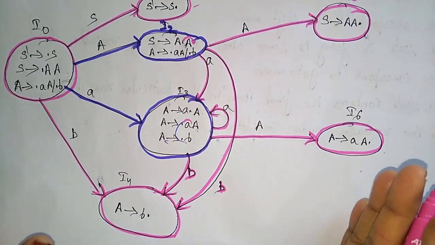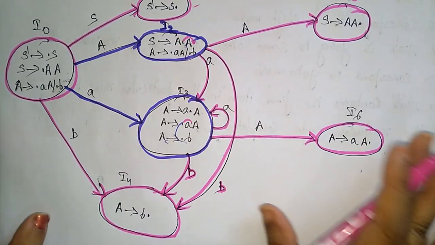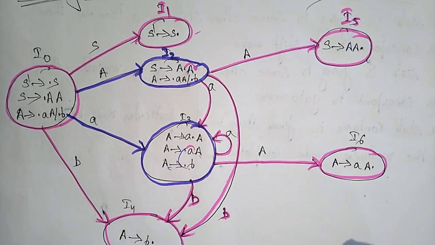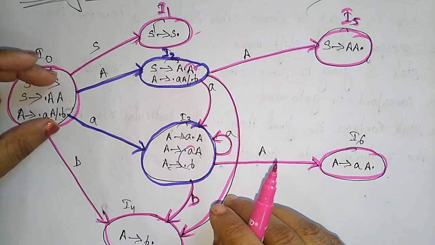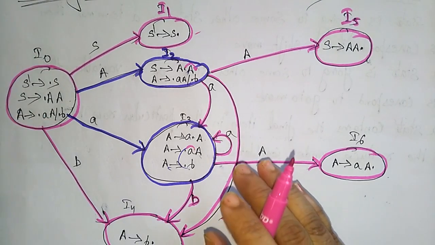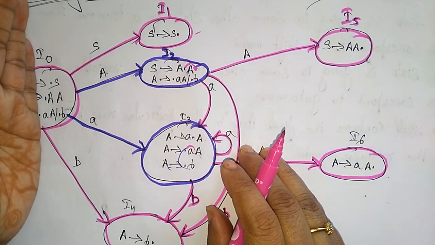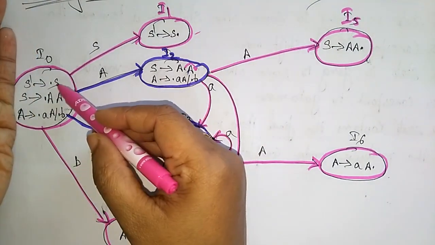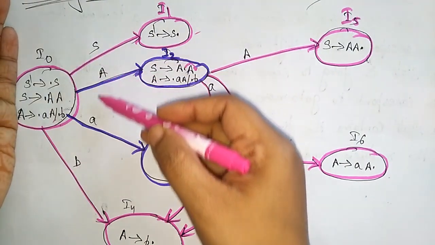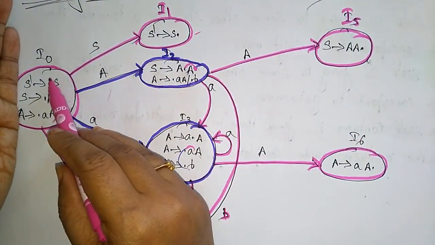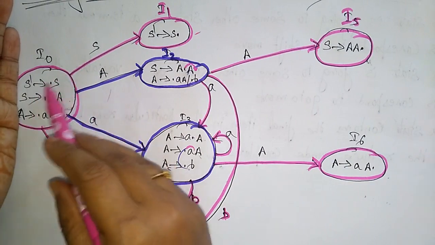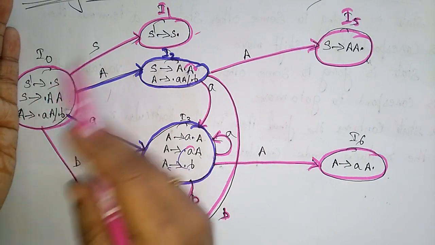So this is a data flow diagram. Don't be confused. Just take a paper and try to draw your own. By seeing this example, take the first state and the inputs that are present in that first state, S, A, B. Try to construct the next state that is going to be generated. Because the LR0 item is going to shift the dot to the right hand side.